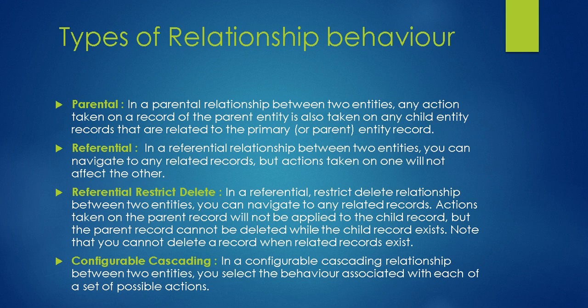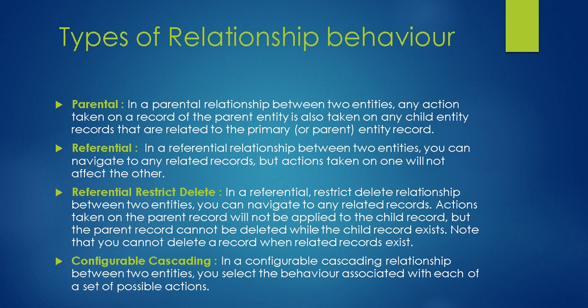So parental is basically in a relationship like this between two entities. Between two entities, any action taken on a record of a parent entity is also taken on any child entity record that are related to the primary entity record. So like this, I have created employer and employee entities.